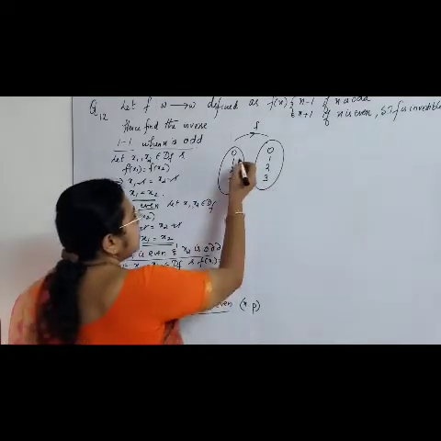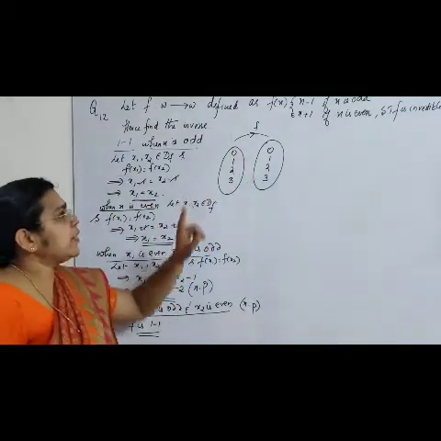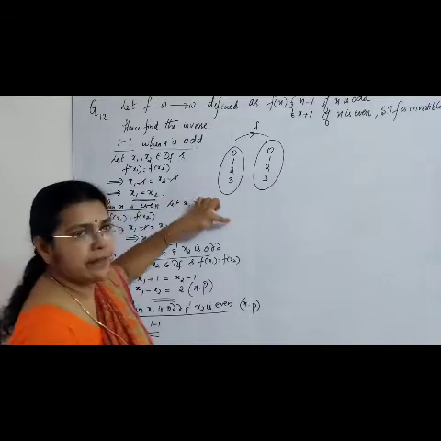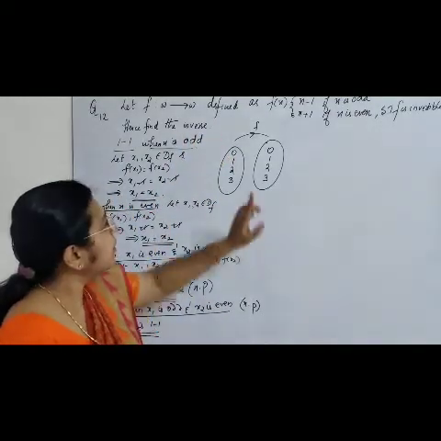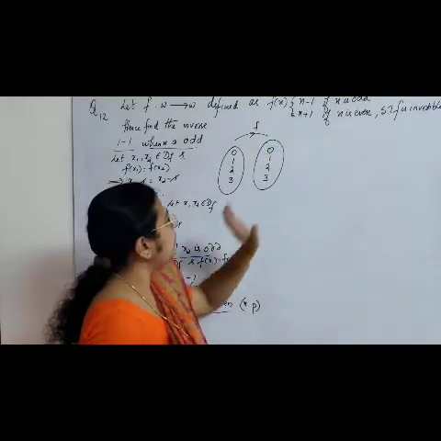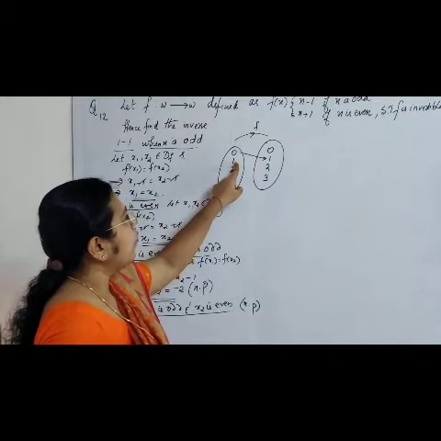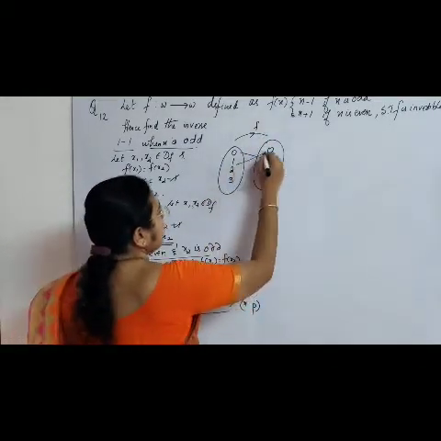Okay, let's see. Is 0 even or odd? We take 0 as an even number, because 0 is even, 2 is even, 4 is even, like that. So 0 plus 1 is 1. When you take 1, 1 is an odd number, so 1 minus 1 is 0.